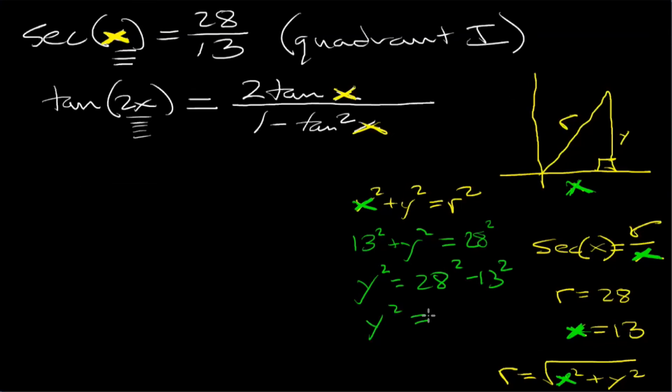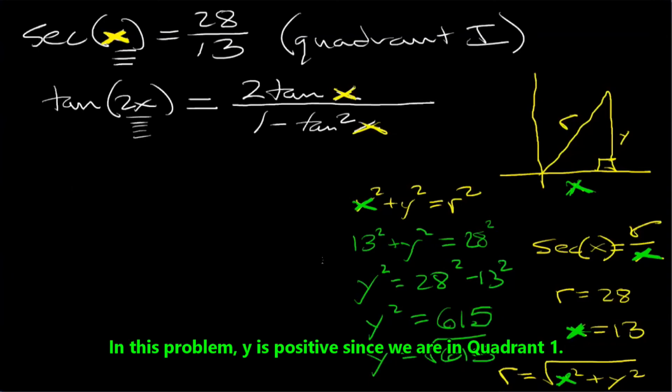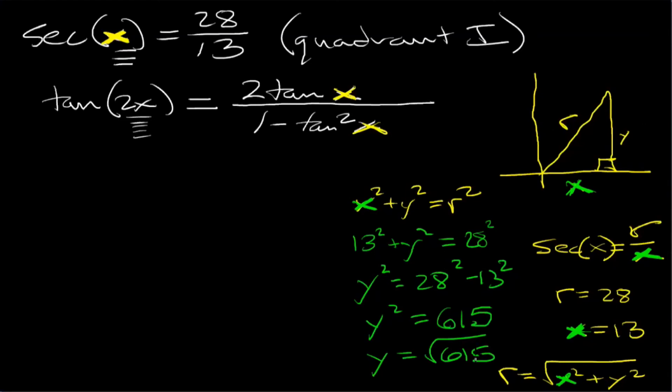So y squared is, and I can go to a handy dandy calculator. So this is 615 right here. And so y equals square root of 615. Okay, so 615, and let's see, is there any nice perfect squares that go into 615? I don't think so. So that's going to be an ugly one.